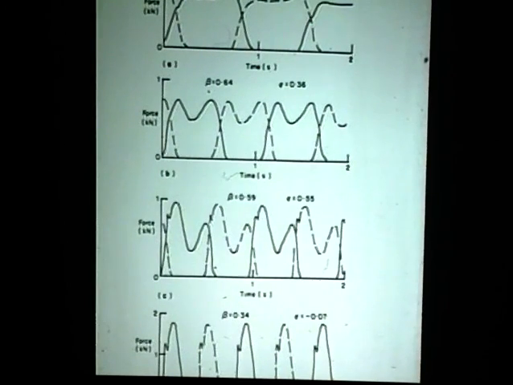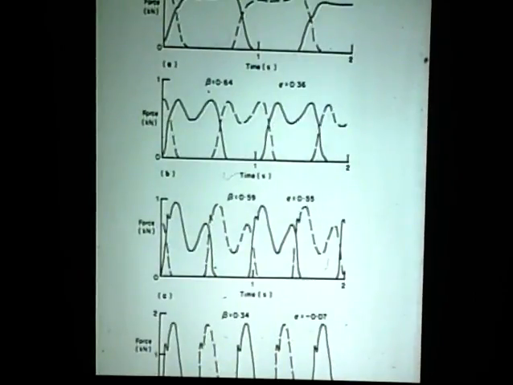At the top of the picture, you see the pattern of force that you get in slow walking. The two-humped effect is very slight. The force rises, plateaus, and falls again. Walk a bit faster, and that's the second picture from the top.